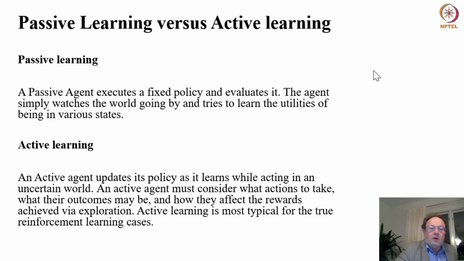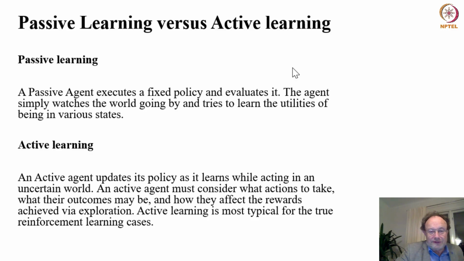So, of course, all agents in all these scenarios perform actions and get reward and so on. So it's not that passive means doing nothing. Actually, the original scenario that we talked about, reinforcement learning, still holds, with a cycle of actions, reward, etc. The difference here is that a passive agent executes a fixed policy, which means that you can say this is an agent with no free will.